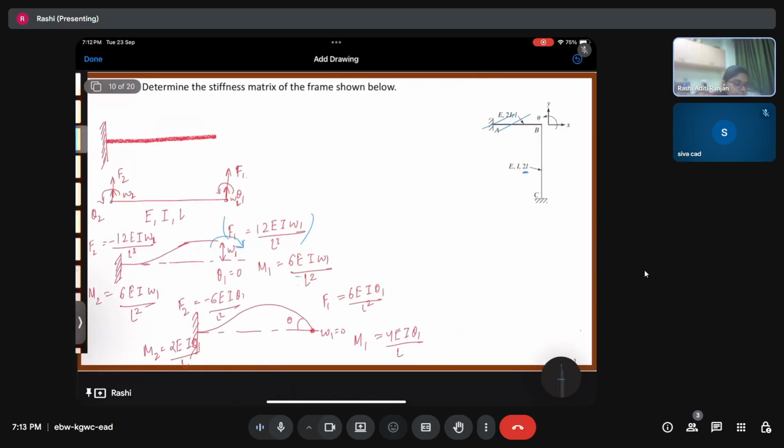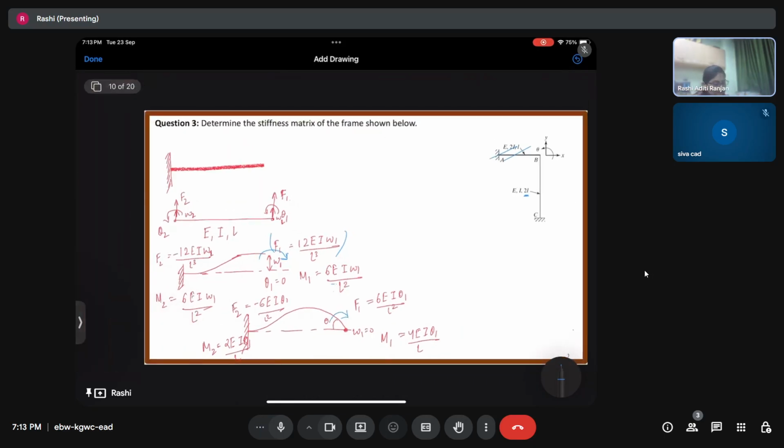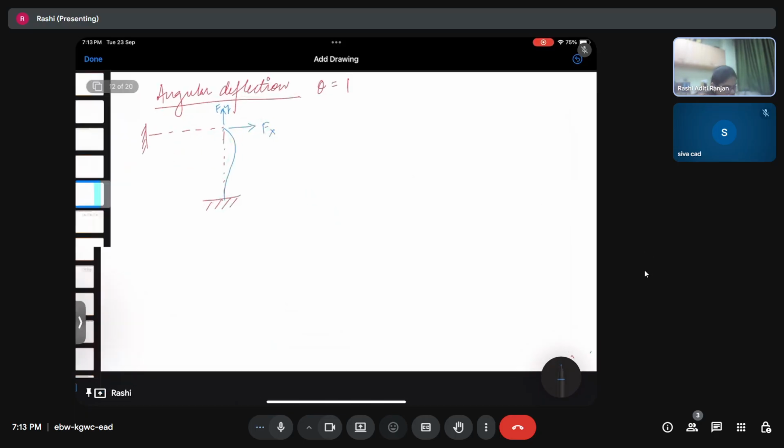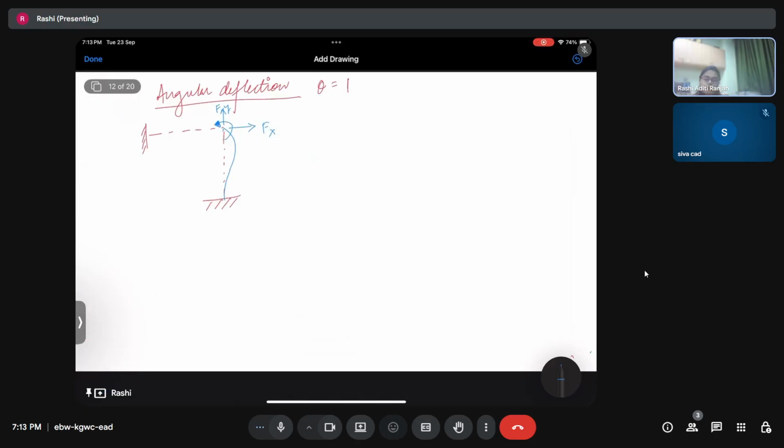The direction of movement is going to be again in the outward direction, something like this. Okay, I hope this is clear.